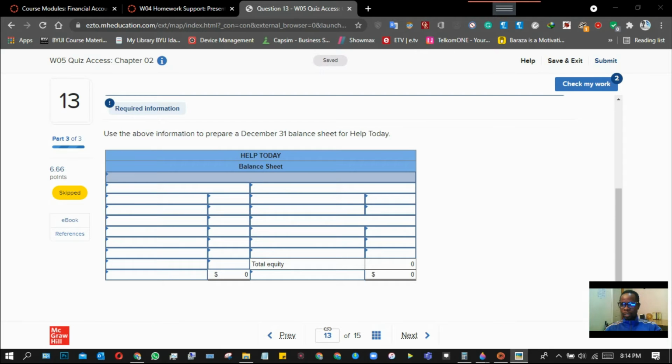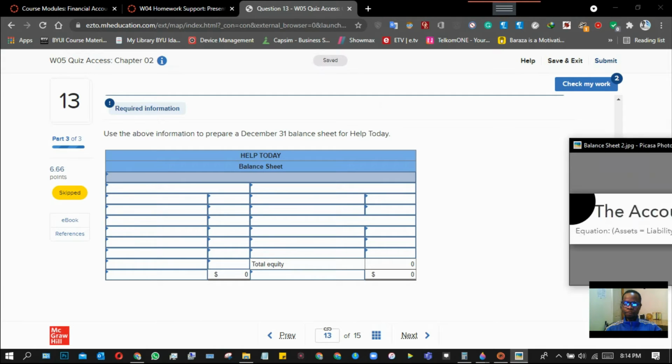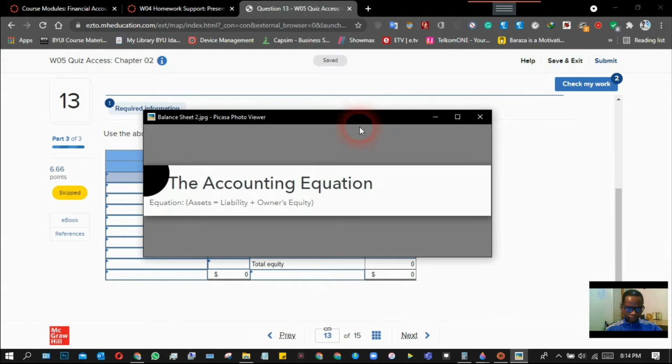The balancing equation will help us to calculate the accounting equation, which has to balance. So this one is the accounting equation. It says assets is equal to liabilities plus owner's equity.